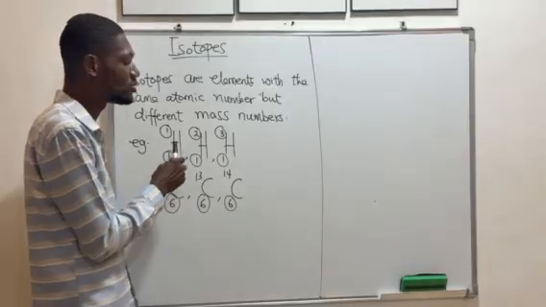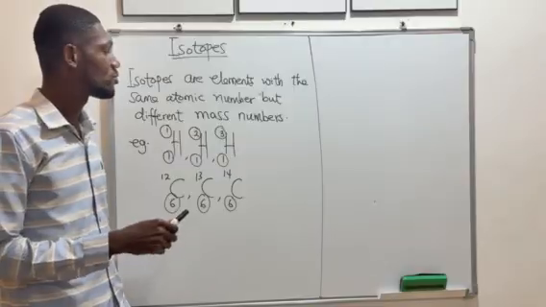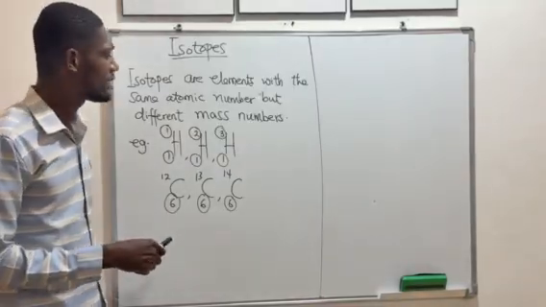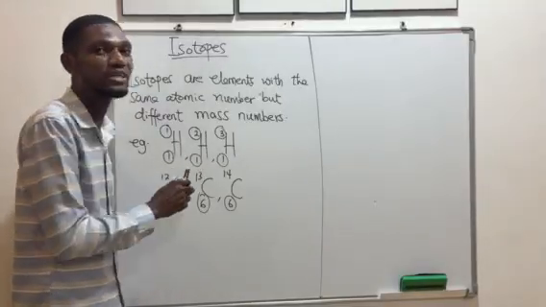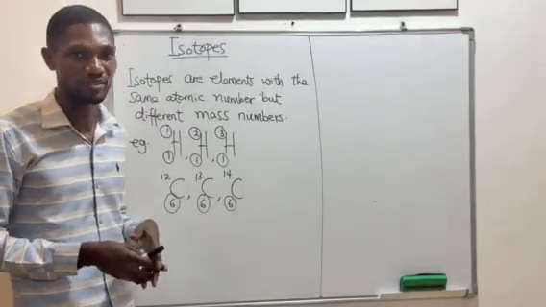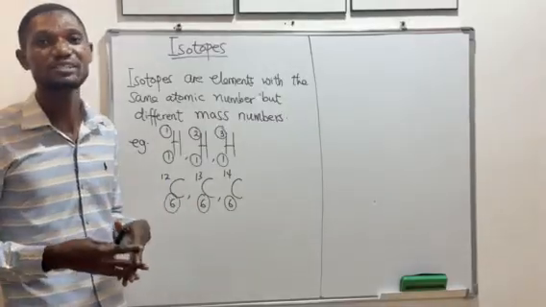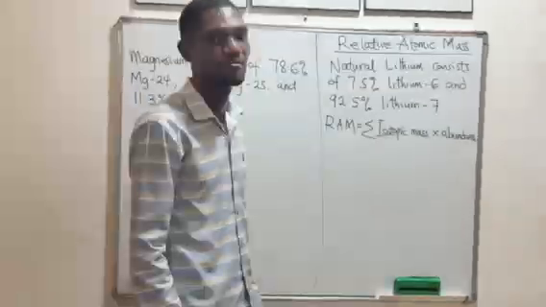We need to take into consideration all the isotopes present. And this is what brings us to what is called the relative atomic mass. We say relative because we are taking into consideration the mass of all the isotopes of the element.